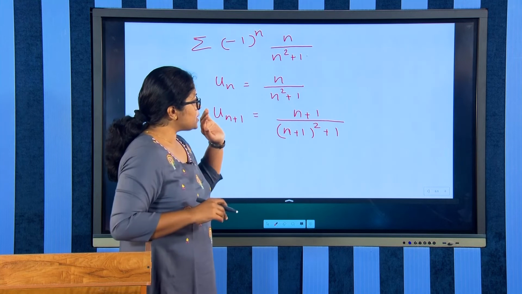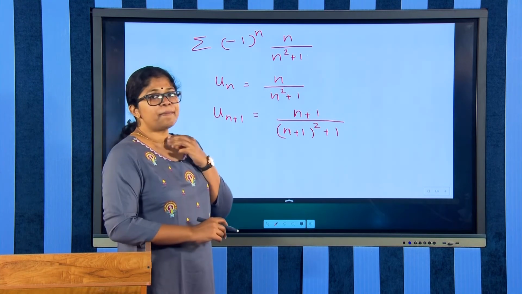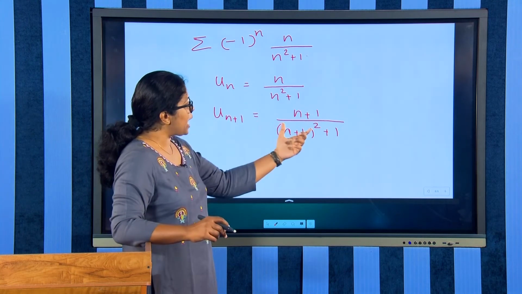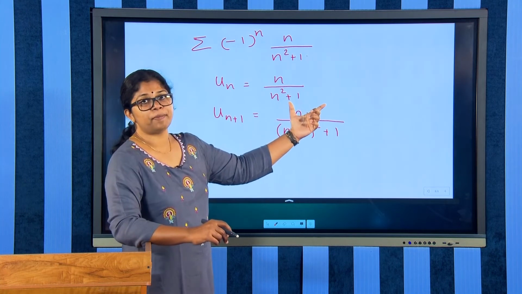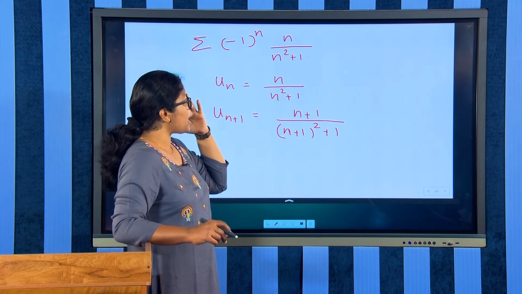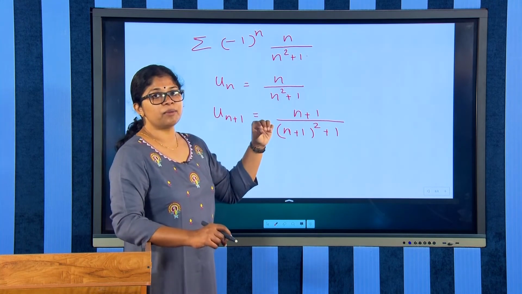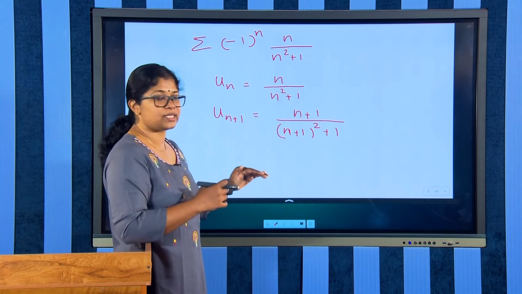As we can see from the expressions itself, it is a bit difficult to compare directly because we are having a larger denominator, but the numerator is also getting bigger. So we cannot, at a glance, compare these two. So we require something more to find the increase or decrease of this sequence.